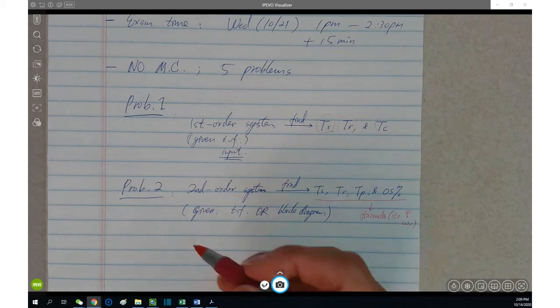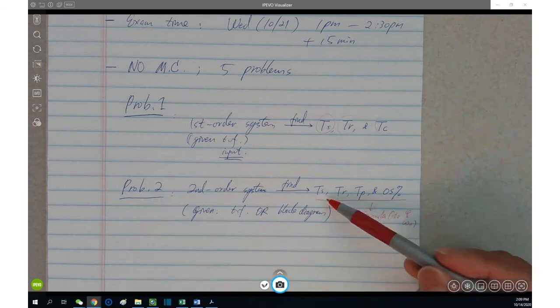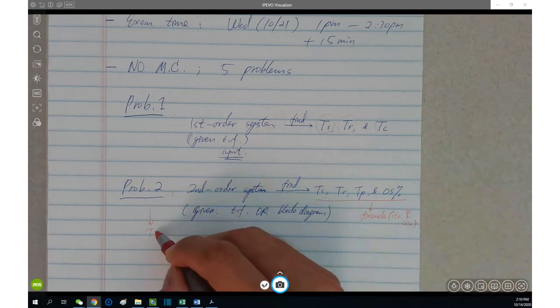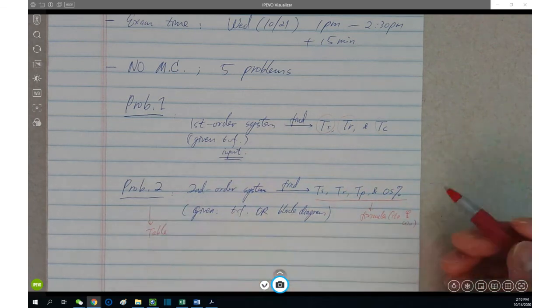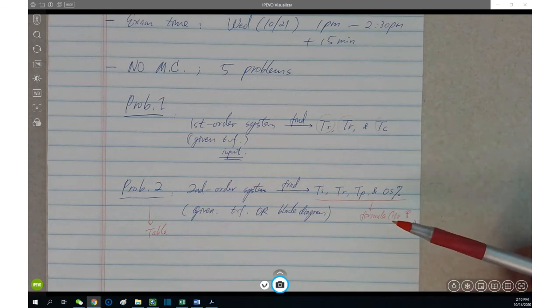And also here, in this problem too, obviously, you not only need the formulas for these four specifications, but you also need the table, remember. The handout table is for what in this problem too? Rise time.